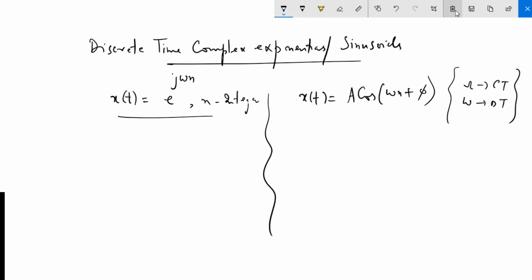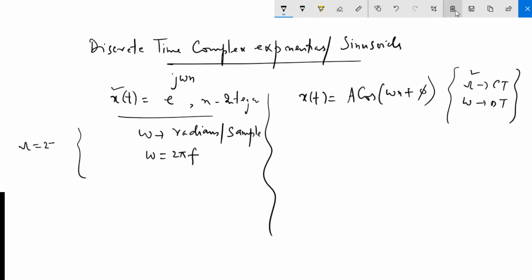The first property of this signal is that it is a signal with a frequency of omega. Now omega here is different. Omega here is in radians per sample. In the previous case, this omega was in radians per second, and you can also write this omega in terms of f, that becomes 2 pi f. Again, we have used a different notation there.